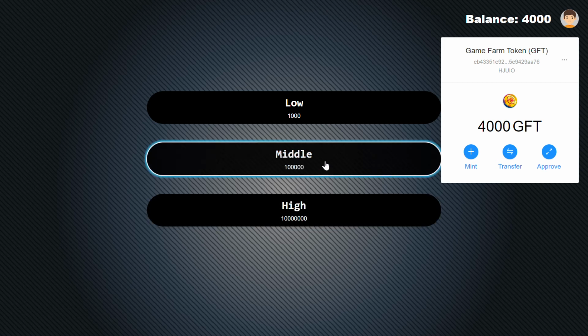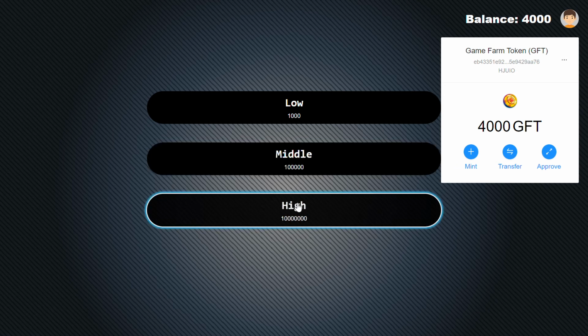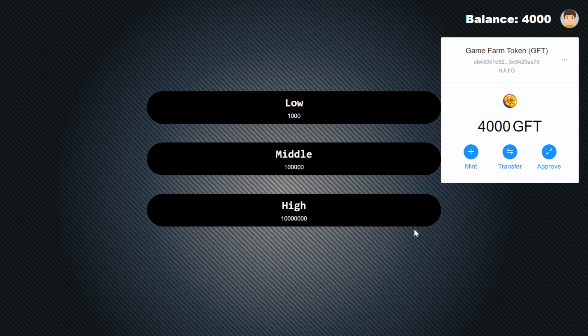If you go to the middle level, you should have a minimum of 100,000 so that you can start playing the middle level in this Texas game. As well as in the highest level, you should have a token balance of about 10 million so that you can access this high level. That is the first procedure before diving into playing this kind of game.